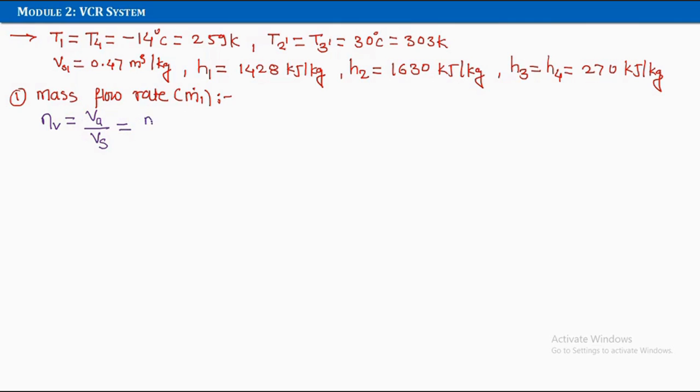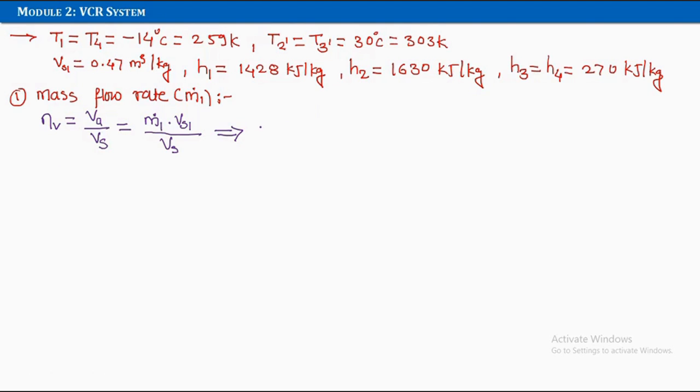We can write that as mass flow rate into specific volume of refrigerant corresponding to point 1, divided by Vs. Now from this we have to find m.1, the mass flow rate, because we have the swept volume given in the problem. Vs1 we just got from the pH chart, and volumetric efficiency is given in the problem.